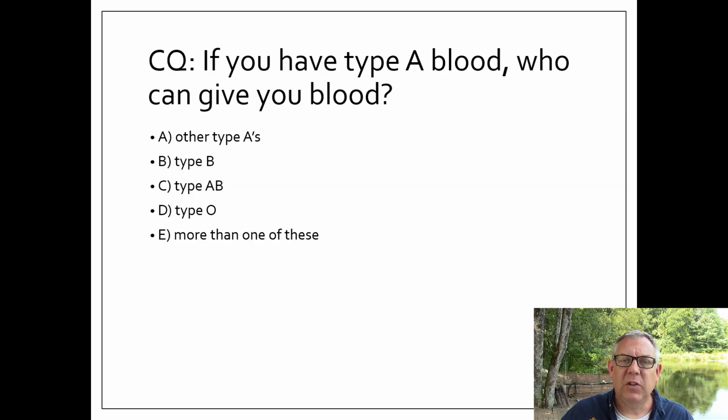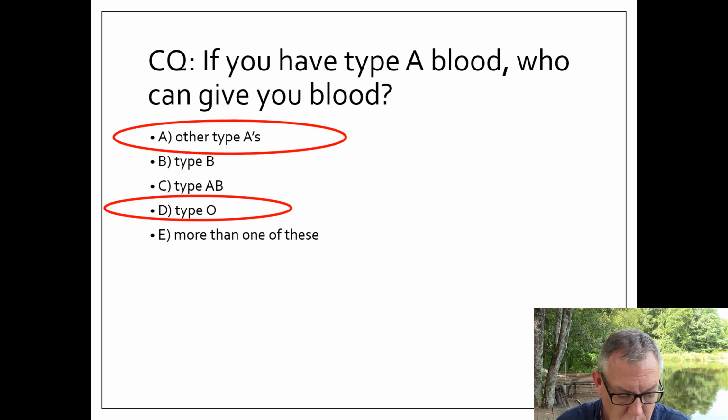Okay, so if you have type A blood, who can give you blood? If you needed a blood transfusion, what type of blood could you take if you have type A? Well, of course, you could take other type A's, and you could take type O. Those are the types of blood that you could take.